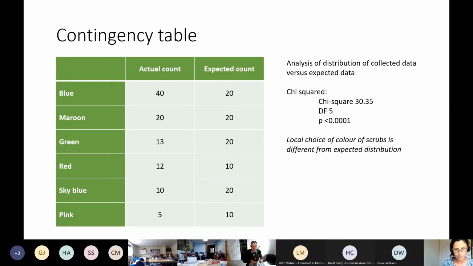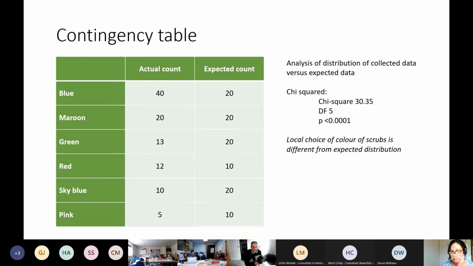But what you can do is use contingency tables, which are remarkably useful things, to do an observed versus expected analysis. So for example, like this, this is the actual count, that's what you measured. And you ask the manufacturer, well, what proportion are bought? What do people tend to buy? And it gives you proportions on the right hand side.